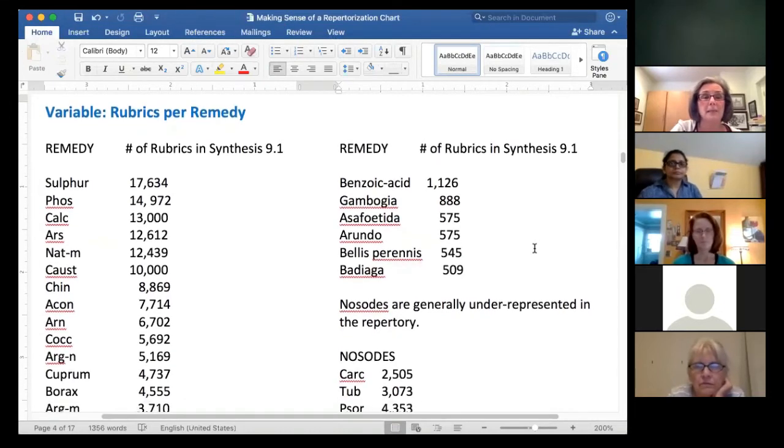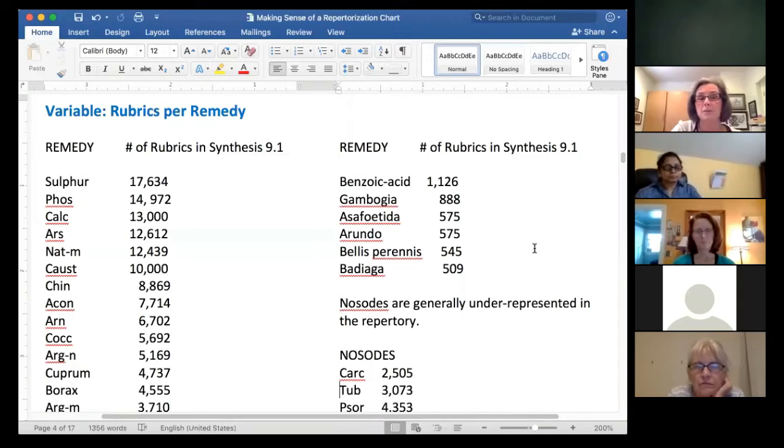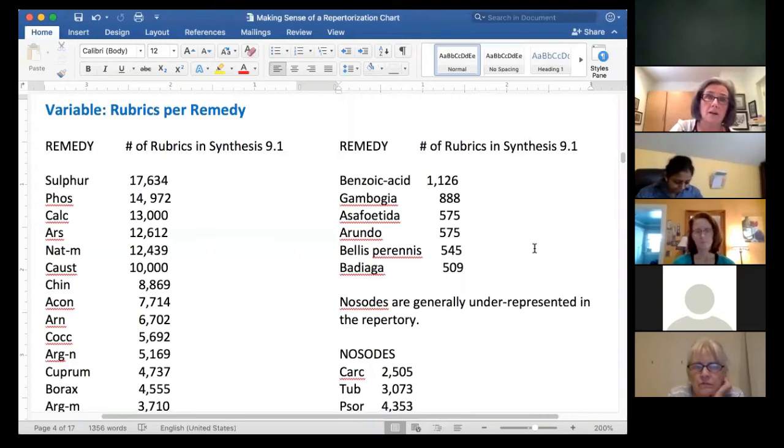So what does that mean in terms of a repertorization? Well, chances are that if you put 5 rubrics into a repertorization, sulfur probably has a much greater chance of popping up than arundo.